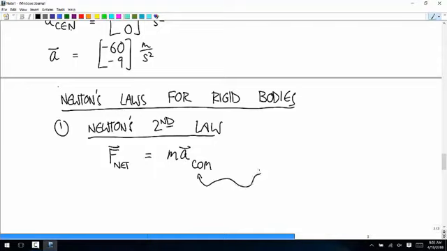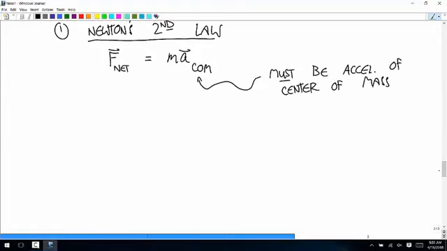It might not be the axis, right? This must be the center of mass, the acceleration of the center of mass. And the center of mass, we're not going to do any complicated shapes.